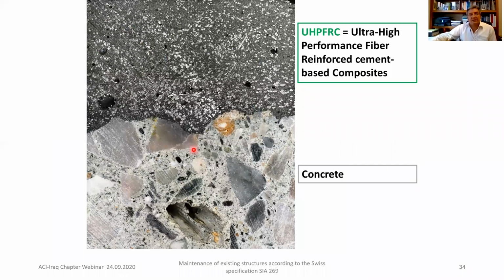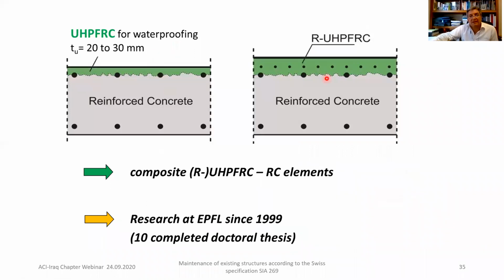This is a very small example of a photo about the difference between the normal concrete and this tiny layer of ultra high performance concrete. And they decided to add reinforcement here rather than keep it without reinforcement.